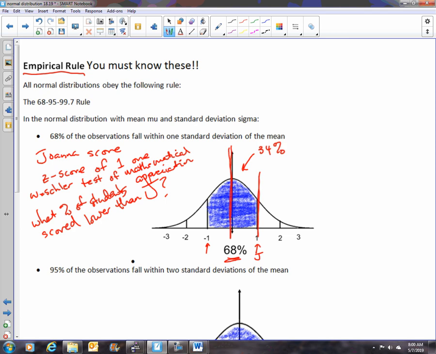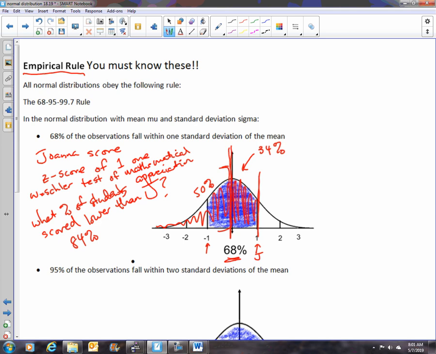Now, these 34% scored below her, and all of these students over here scored below her. And remember, we already know that from here on down is 50%. So Joanna's score was above 84% of the students.